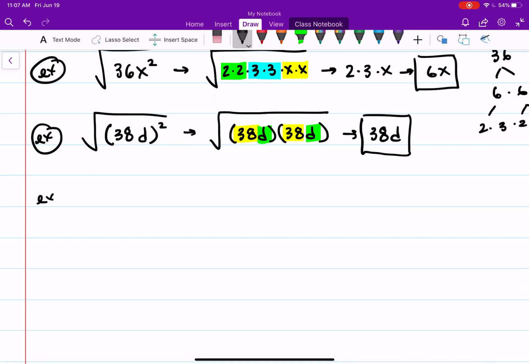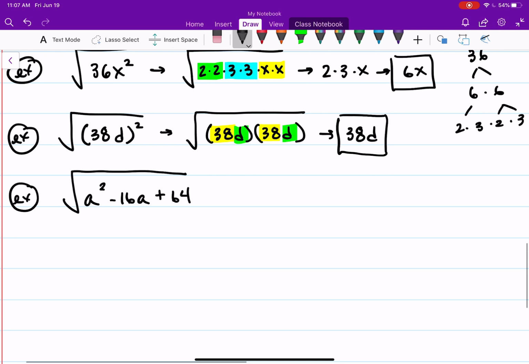And you might see something like this. You're going to have a squared minus 16a plus 64. Uh-oh. I've seen those before, right? Those are trinomials that I need to factor. Those are quadratics. So you're going to have to do the AC method.